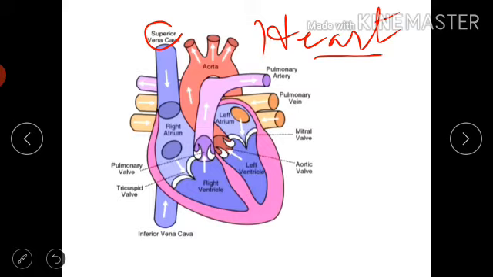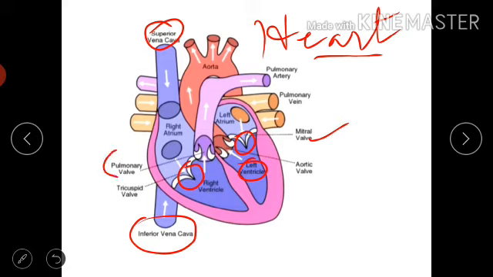This is superior vena cava, inferior vena cava. Then this is tricuspid valve, bicuspid valve or mitral valve. This one is aortic semilunar valve.